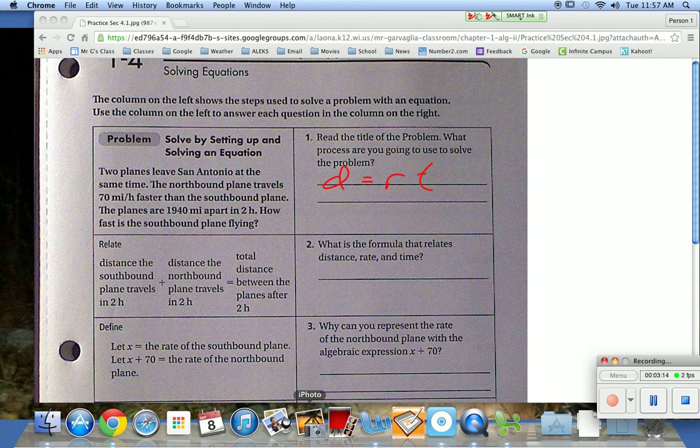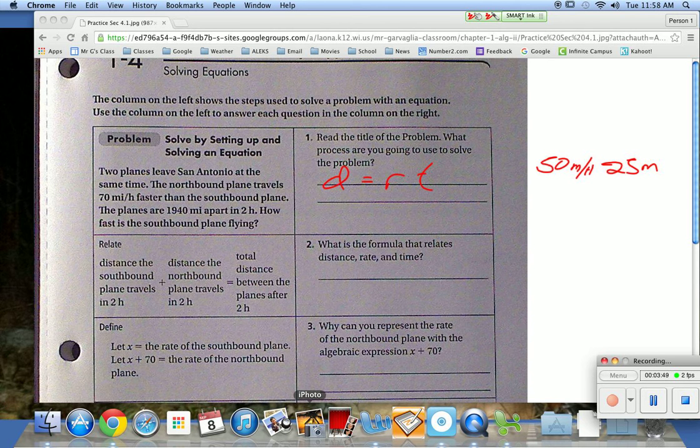If I am going 50 miles per hour, driving for a half hour, how far have I gone? 25 miles. All right. If I'm driving 50 miles per hour, and I've gone 25 miles, how far have I gone?